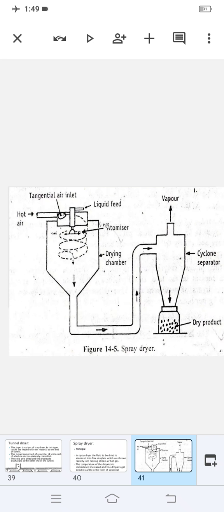Then after atomization, what is happening? Drying of the liquid droplets. The droplets which are atomized get dried. How? The surface of the liquid drop is dried immediately to form a tough shell. Then the liquid inside must escape by diffusing through the shell at a particular rate. At the same time, heat transfer from outside to inside takes place at a much greater rate than the liquid diffusion rate.